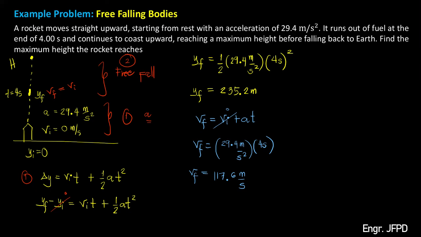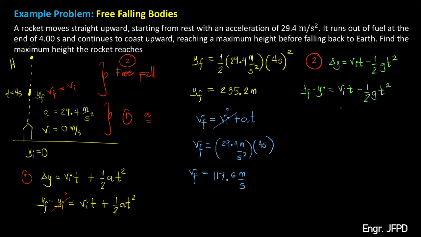And using our equation for the free-falling bodies, let's now proceed with part 2 of the motion, wherein we can use the formula delta y, which is equal to ViT minus 1/2 GT squared, wherein for our delta y, again, that is YF minus YI is equal to ViT minus 1/2 GT squared.